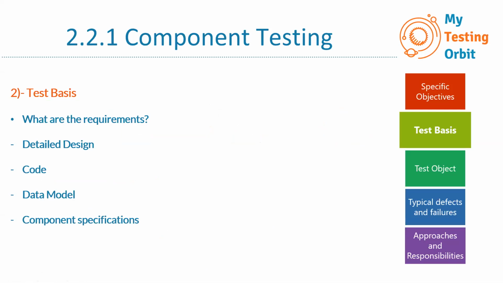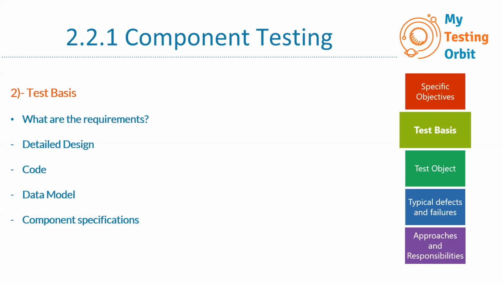Okay, next one is test basis. In this attribute, what we are looking at is what the requirements are. Earlier we learned that test bases are nothing but our requirements. So the requirements can be detailed design, code, data model, and component specification. Detailed design is required to compare the code against it.